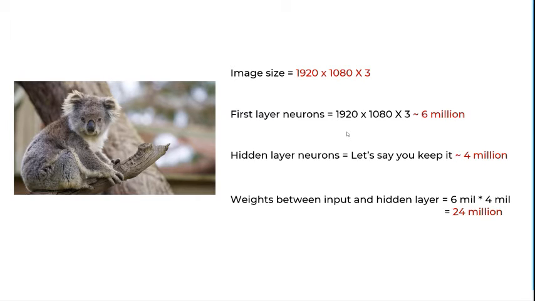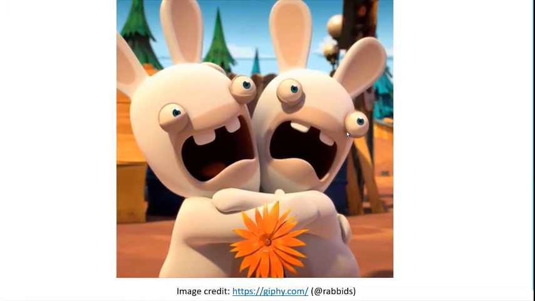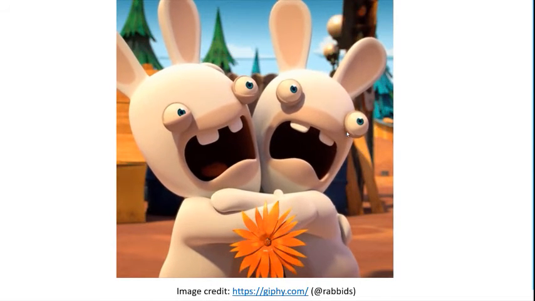And remember, deep neural networks have many hidden layers. So this can easily go into like 500 million or 1 billion weights that you have to compute. And that's too much computation for your little computer. See, my rabbits are getting electric shock because it's just too much to do.